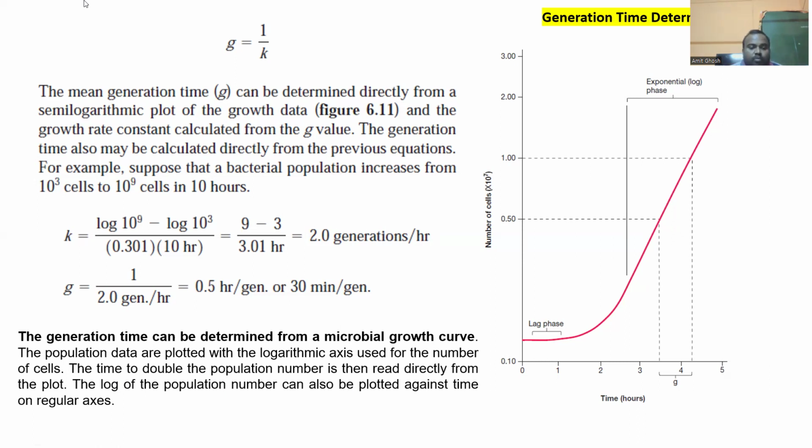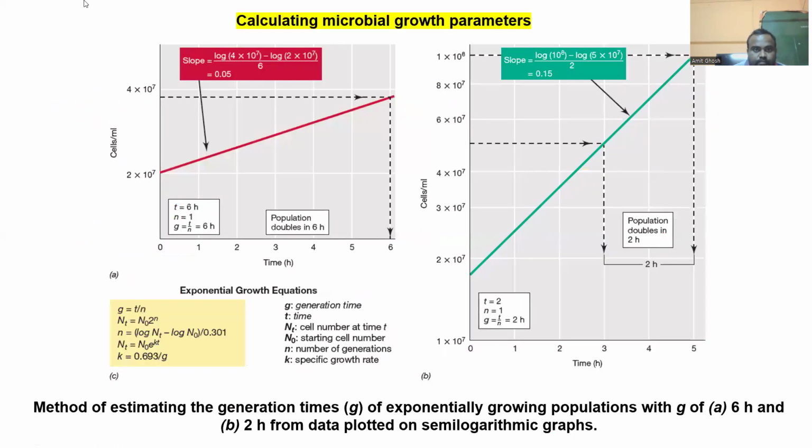The log of the population number can also be plotted against time on regular axis. So this is another representation of the calculation of microbial growth parameters. It is the same as previous, but here we can jot down the formula.